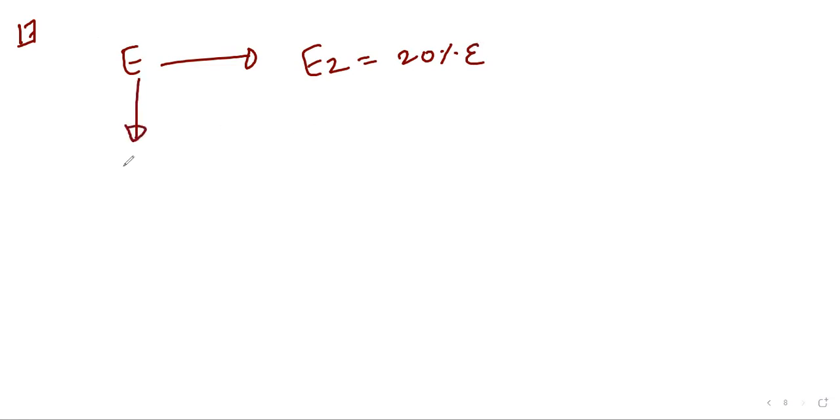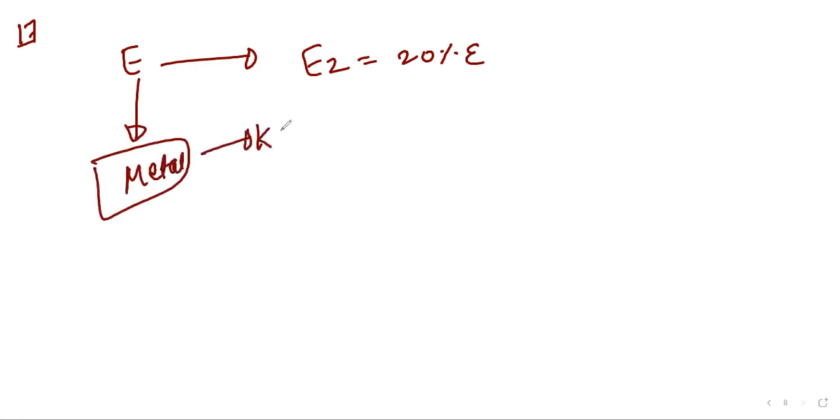See the next numerical 17 number. When the energy of incident radiation is increased by 20%, suppose initial energy is E and I am increasing it to E2 is 20% of E. The kinetic energy of photoelectron emitted from metal surface increased from 0.5 electron volt to 0.8 electron volt. So this is incident on this metal.